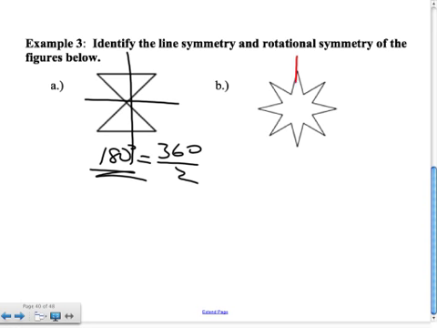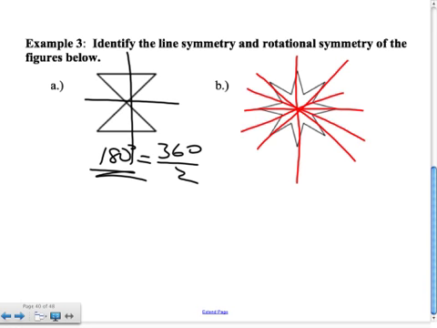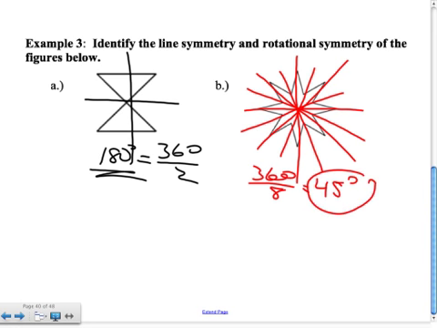Let's see, we can go 1, 2, 3, 4, 5, 6, 7, 8. So we have 8 lines of symmetry. I know there's a lot going on there. So 360 divided by 8 is going to give us 45 degrees. A rotation of 45 degrees will map this shape back onto itself.